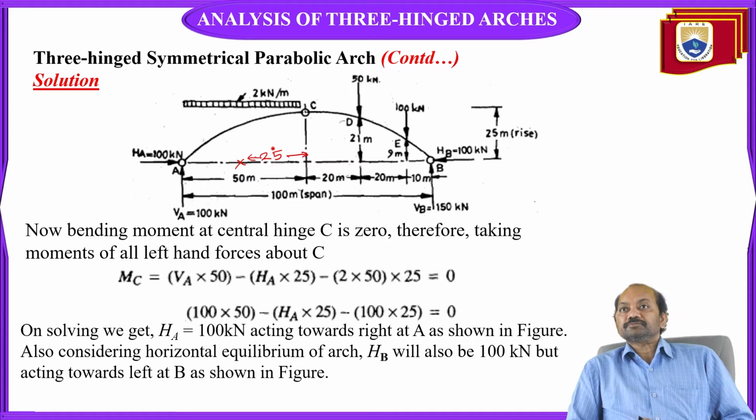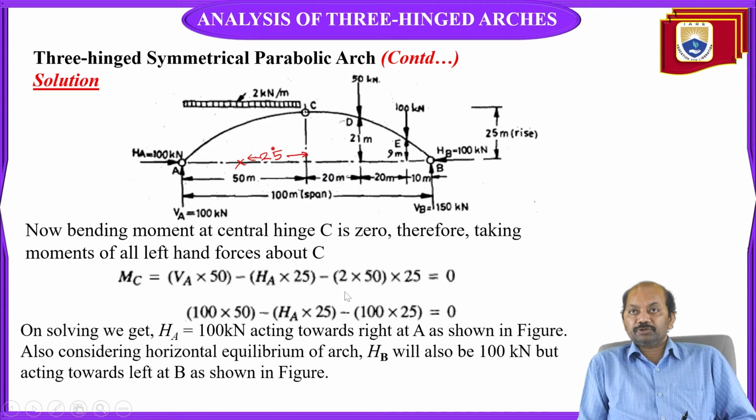So 2 into 50 into 25 is equal to 0. On substituting VA, we can calculate HA. VA is 100. 100 into 50 minus HA into 25 minus 2 into 50 into 25 is equal to 0. On solving this equation, we get HA comes to be 100 kilonewtons.